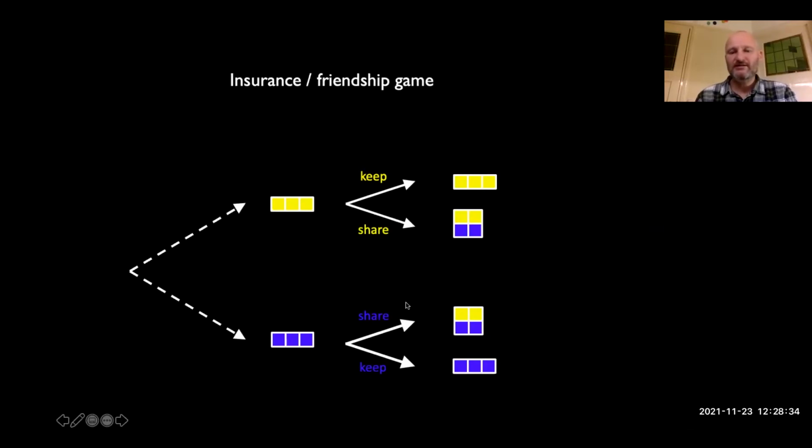Now here, if you do normal backward induction without the possibility of commitment, then of course it would be in the best interest of the lucky player to not share and just keep everything. But what if you could commit to sharing? So if you could commit to sharing, in this case, you would have to depend on partner choice, but that could make you an attractive partner.